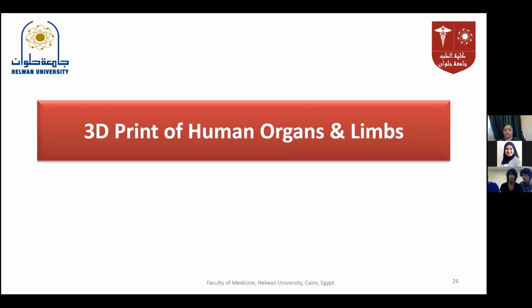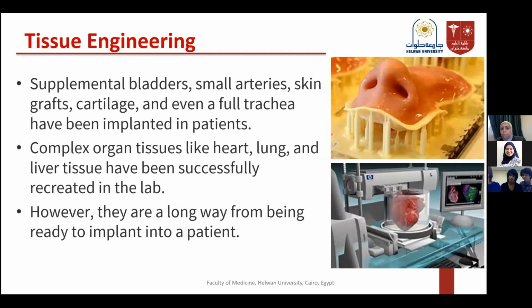So what is the 3D print of human organs and limbs? These are some of the samples or prototypes that are made by tissue engineering through 3D printing, okay? They try to make skin grafts, small arteries, bladders, and a full trachea has been built.